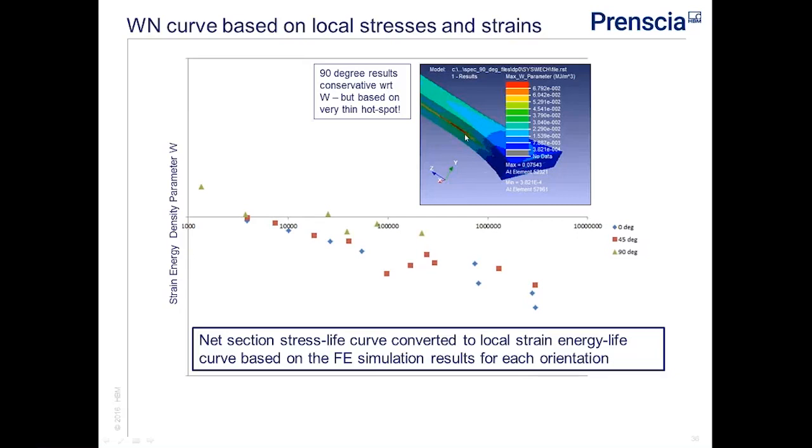You can see that the critical area is just this very thin layer of elements in the middle of the specimen. So in reality, using the stresses directly from there could be a little bit pessimistic.